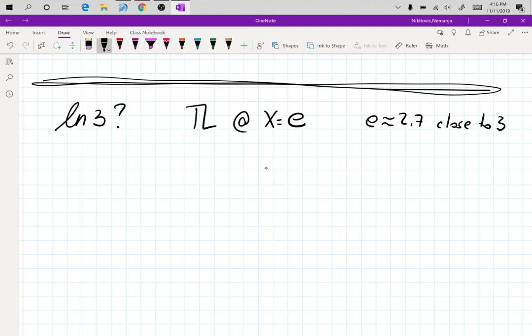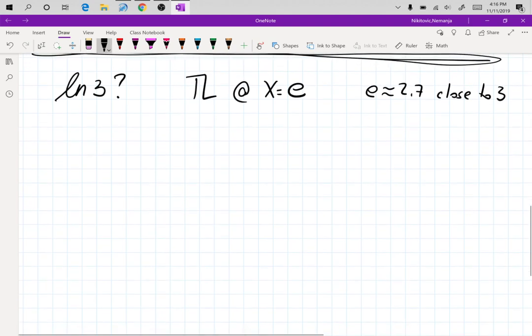If you want ln of 1.5, then you use 1, because ln of 1 is 0. So there are many values that you can pick. Your job is to pick whatever value is closest to the number you have, and then use that to find the tangent line.